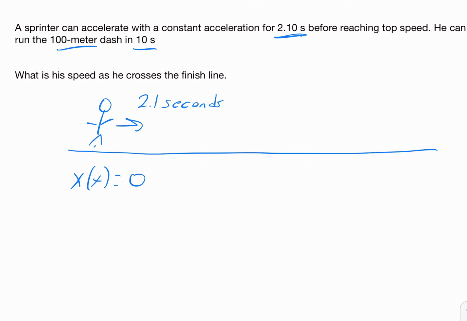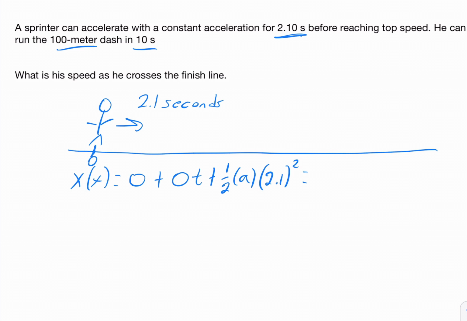He's going to start at 0. His initial velocity is also 0 times t, because he's not moving when he starts. Right when he starts, the instantaneous velocity is 0. Plus 1/2 our acceleration times the time. And we're looking at a time of 2.1 seconds squared.